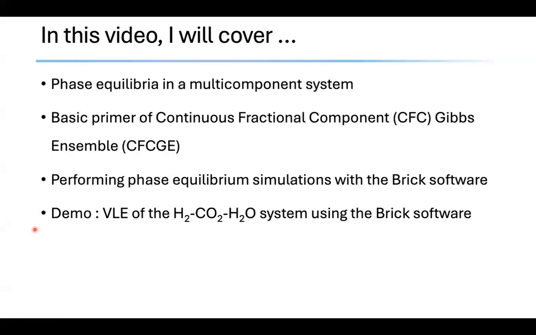In today's video, I will discuss how to calculate phase equilibria in a multi-component system using Monte Carlo simulations. As a brief recap, I will first show you a bit about how phase equilibria is characterized in a multi-component system. What are the key requirements to characterize a phase equilibrium?